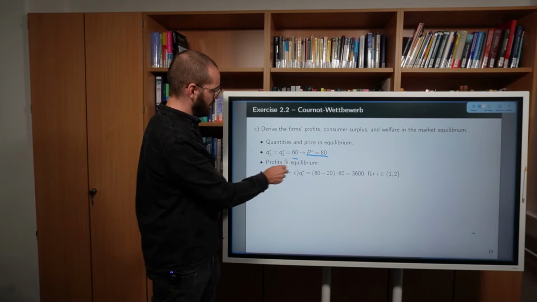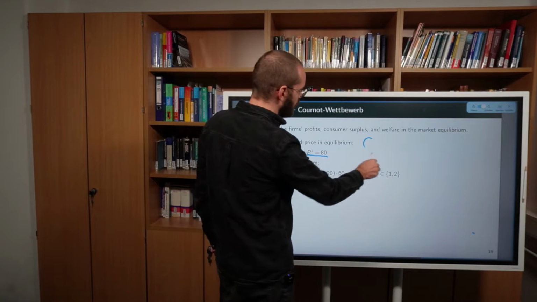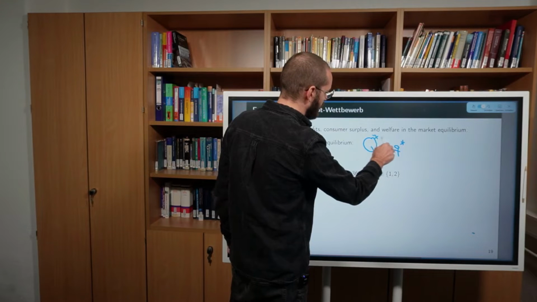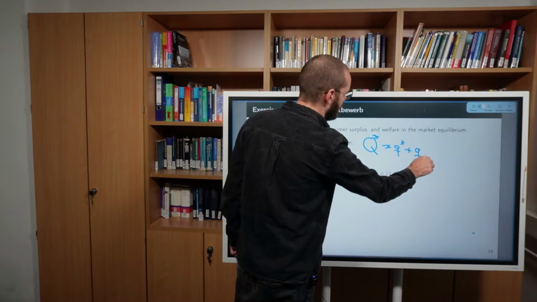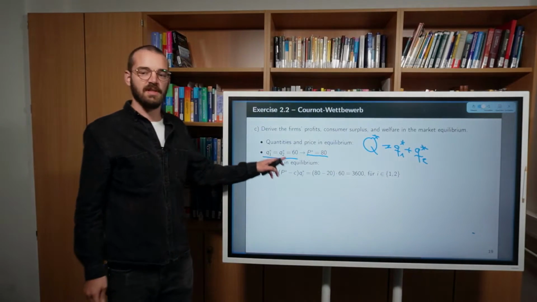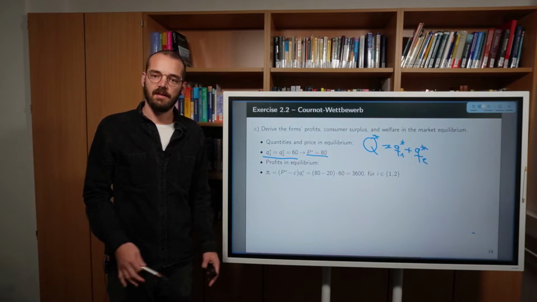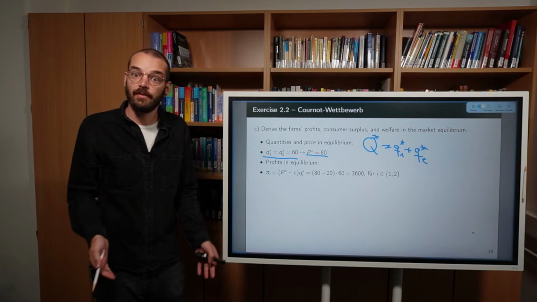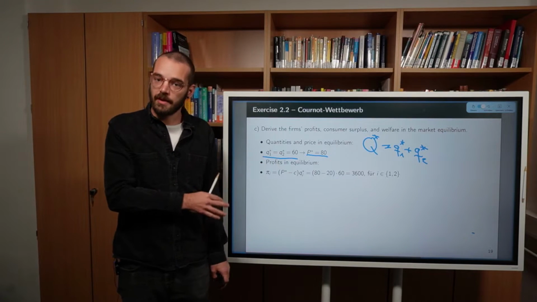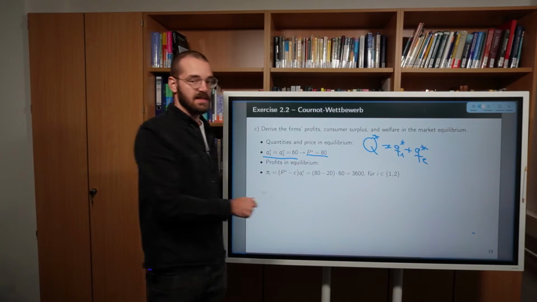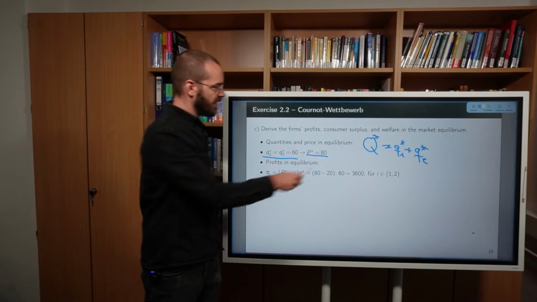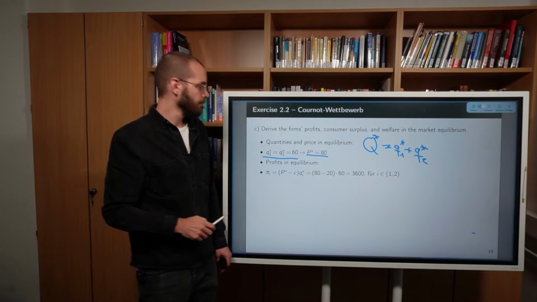This is keeping in mind that the total quantity in the market is the sum of the individual quantities of both firms. If both firms are producing 60, then the total quantity in the market with these two firms only is 120. And for a total quantity of 120, we can simply find out the resulting market price by plugging this quantity into the demand function.